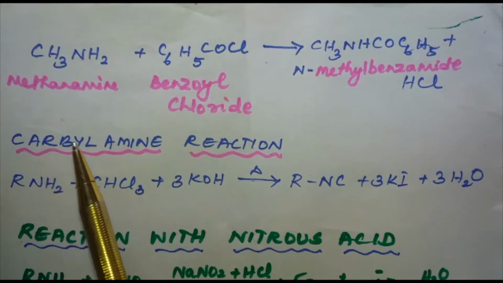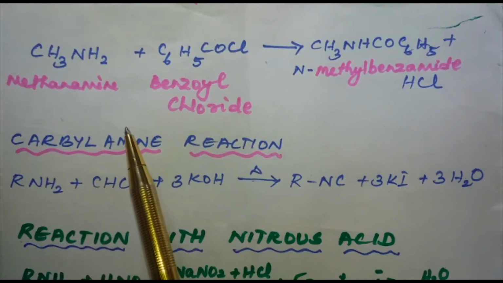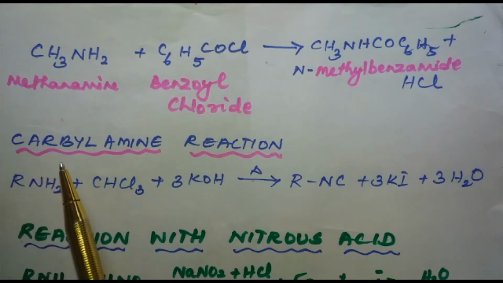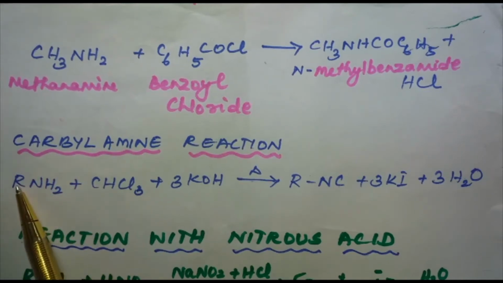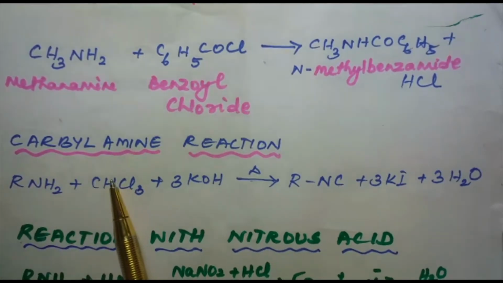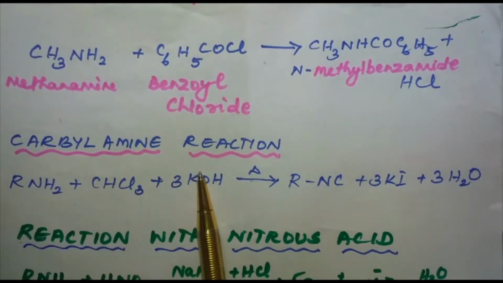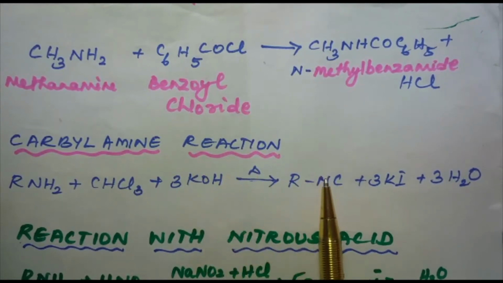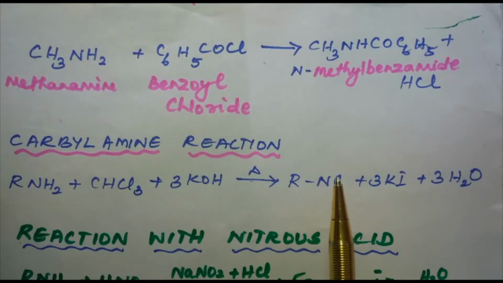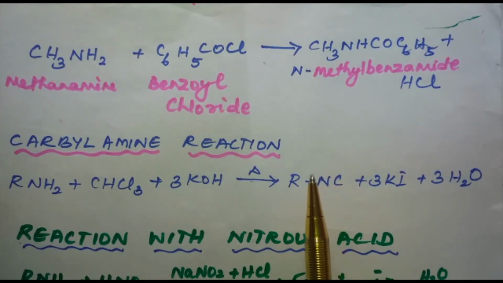Next one is the most important reaction, which is otherwise known as the carbylamine reaction. What is the speciality of the carbylamine reaction? Aliphatic as well as aromatic primary amines, on heating with chloroform and ethanolic potassium hydroxide, form isocyanides or carbylamines, which are foul smelling substances.